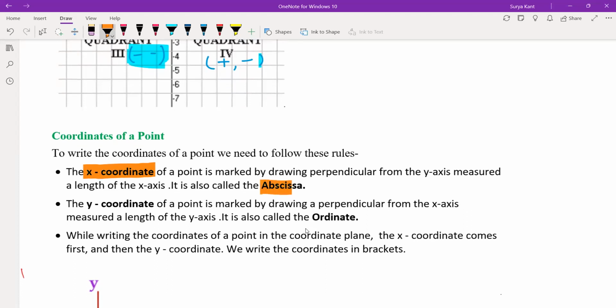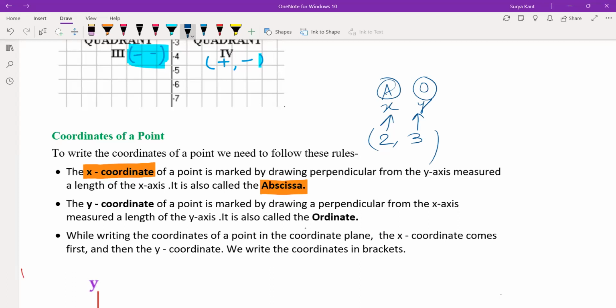Abscissa. So the x coordinate of a point. See, suppose I'm writing here 2, 3. So this is known as what? X coordinate. This is known as the y coordinate. This is also known as abscissa. This is also known as ordinate. Clear?